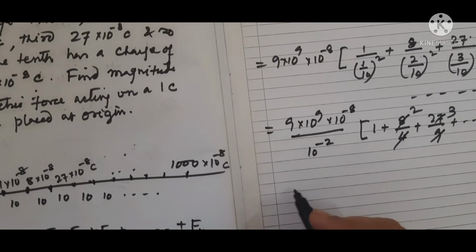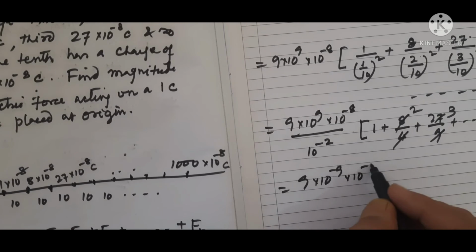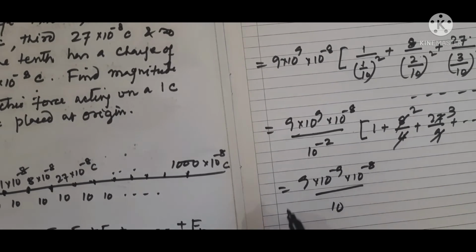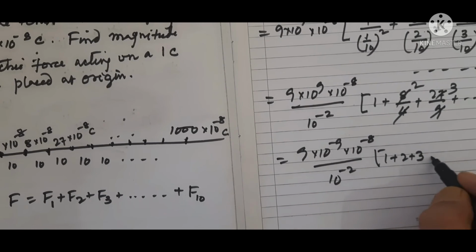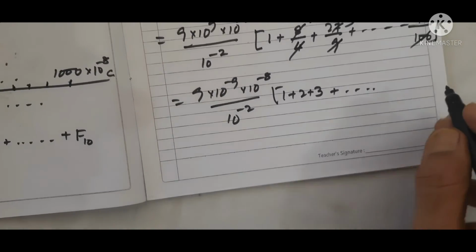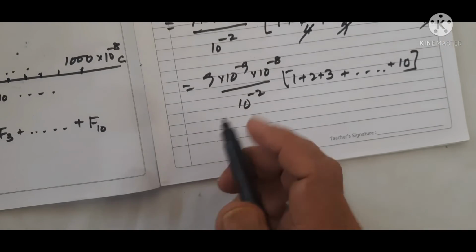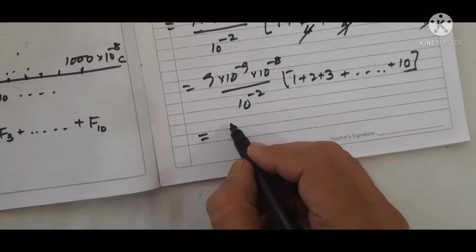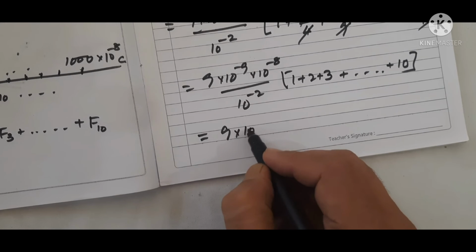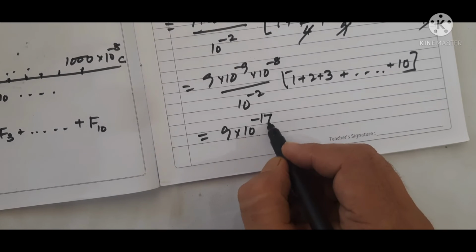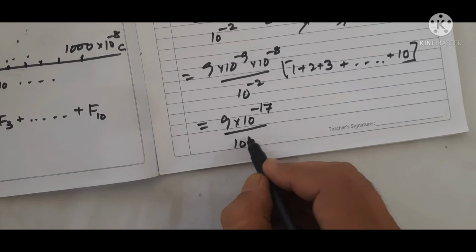So ultimately what we will get is 9 into 10 to the power minus 9 into 10 to the power minus 8 by 10 to the power minus 2, within brackets 1 plus 2 plus 3 plus and so on up to 10. So it is 9 into 10 to the power minus 17 by 10 to the power minus 2.